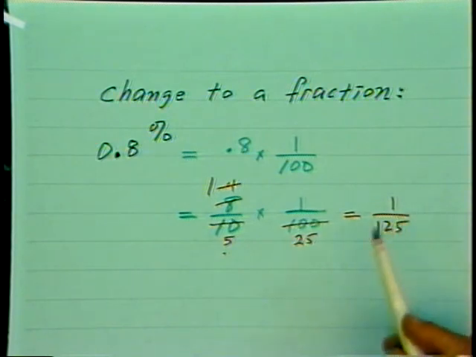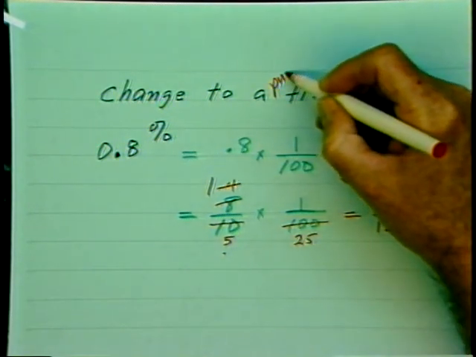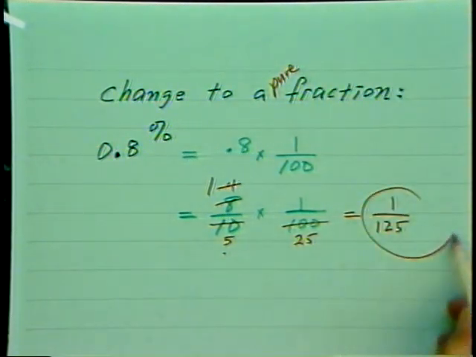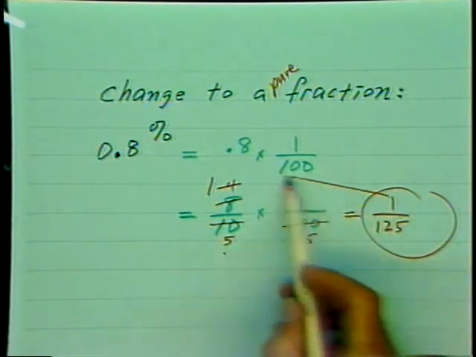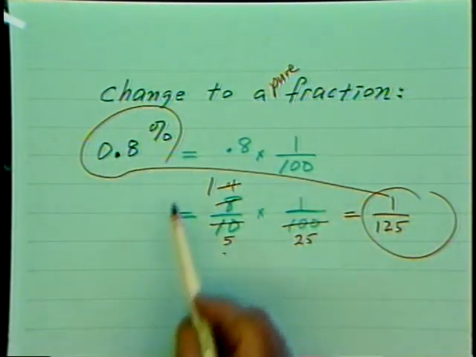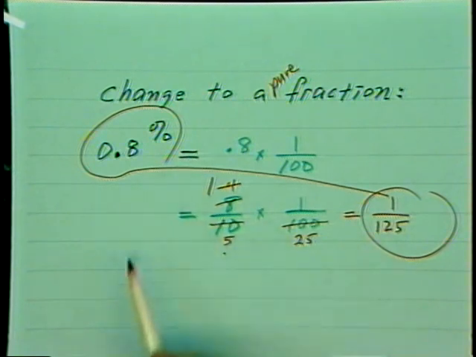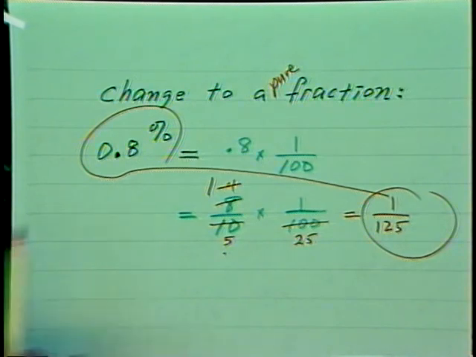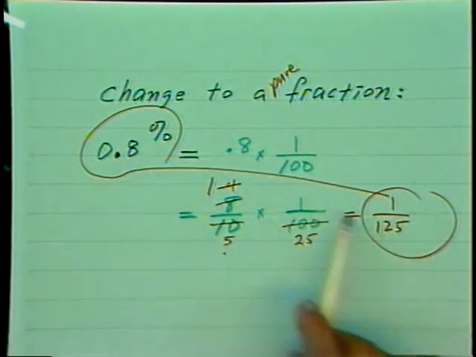So the pure fraction, 1/125th, and this decimal each represent the same value, just written differently. Now let's again check our ballpark thinking here.